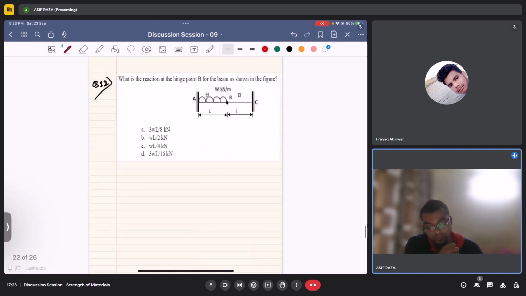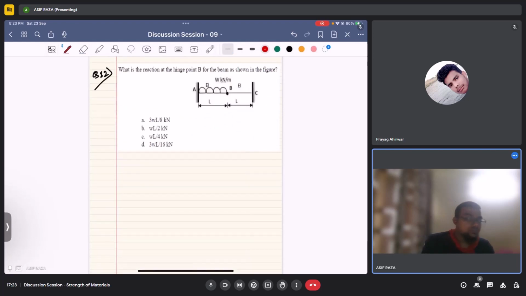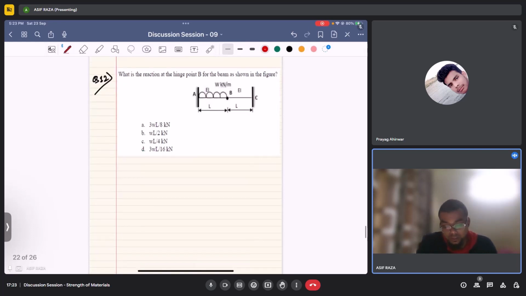Moving on to the next question. So this is a very good question. The question is, what is the reaction at the hinge joint B for the beam as shown in the figure? If you see the figure, there is a fixed beam AC.